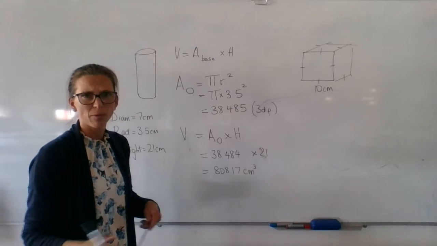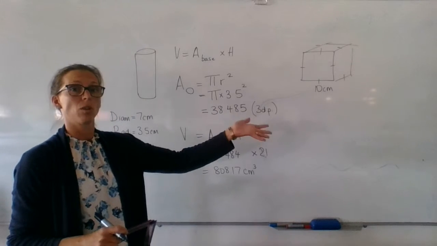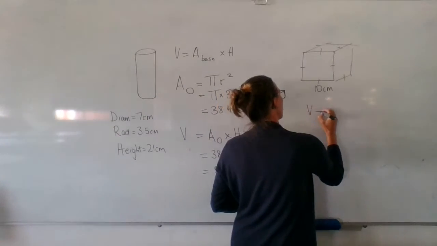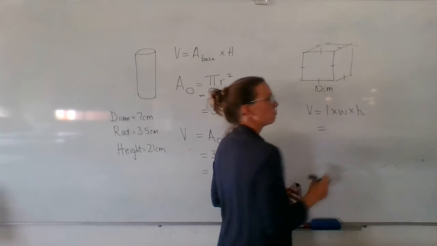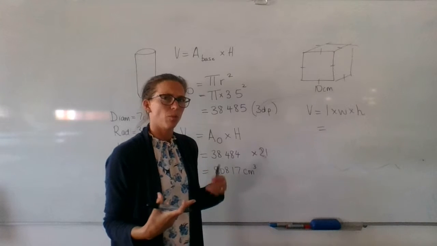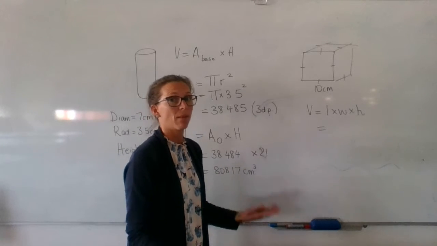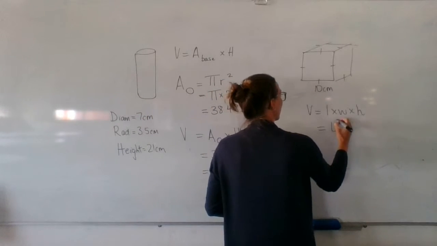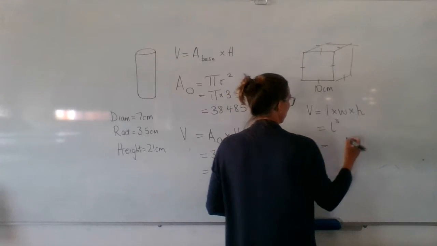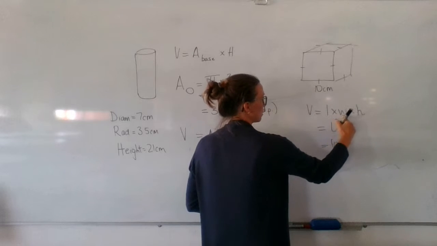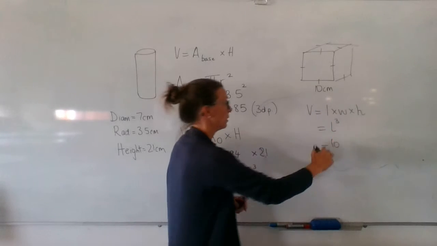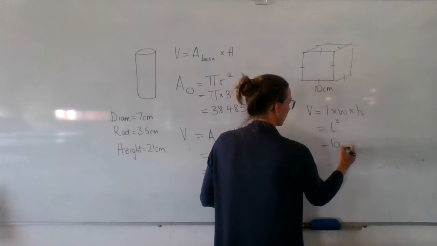The volume of a cube is a box, so we can use volume is equal to length times width times height. Because it's a cube, another way of thinking about it is length cubed. Either way, the length is 10, 10 times 10 times 10 is 1,000, or 10 cubed is 1,000.